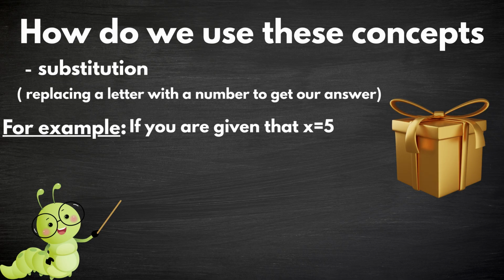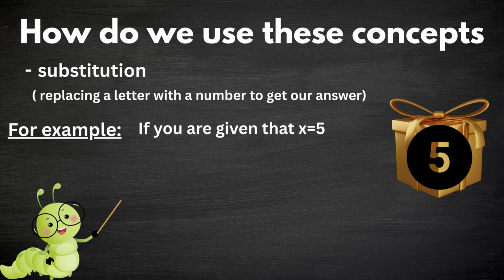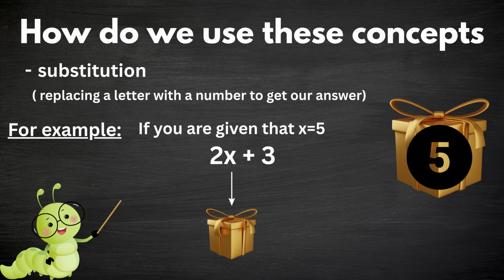For example, if you are given x is equal to 5, we know that x is our gift box, which means that if x is equal to 5, 5 must be our number inside the gift box. So if you're now given an expression, 2x + 3, x will be our gift box value. So for this example, I'm going to write it as 2, gift box, plus 3.